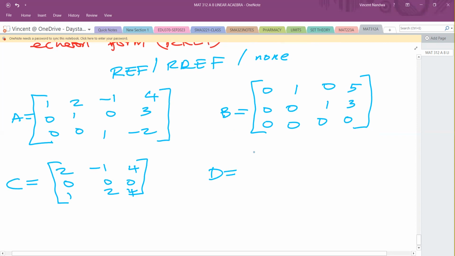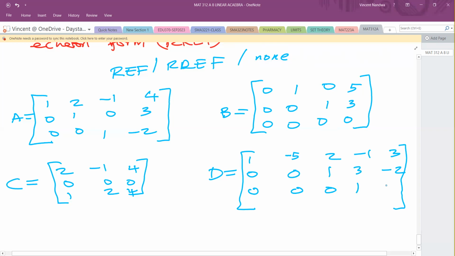D is 1, -5, 2, -1, 3, 0, 0, 1, 3, -2, 0, 0, 0, 1, 4, 1, 0, 0, 0, 0.